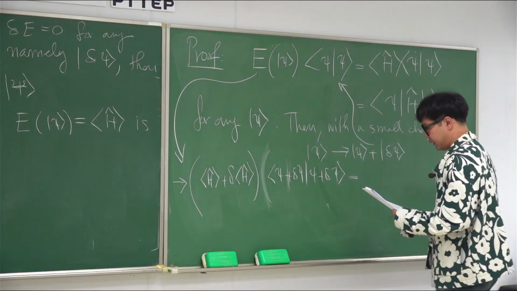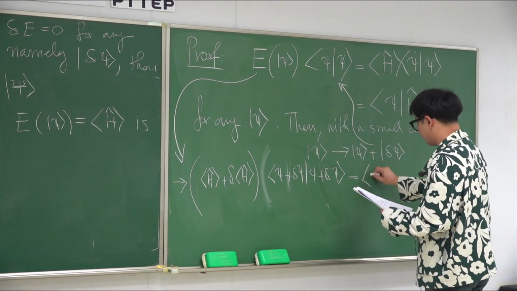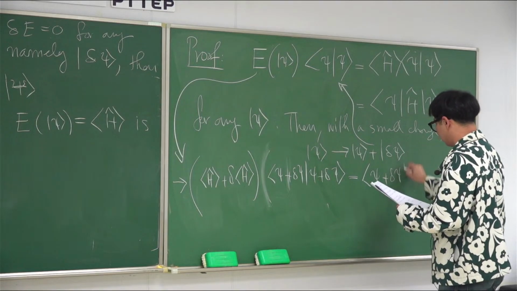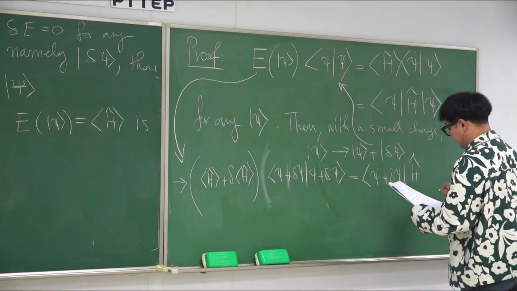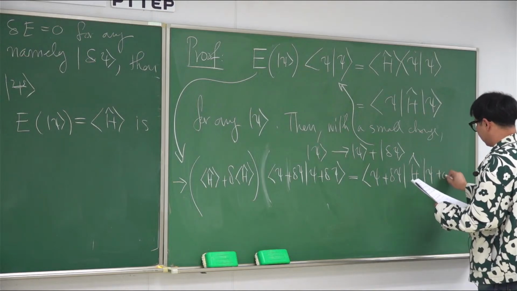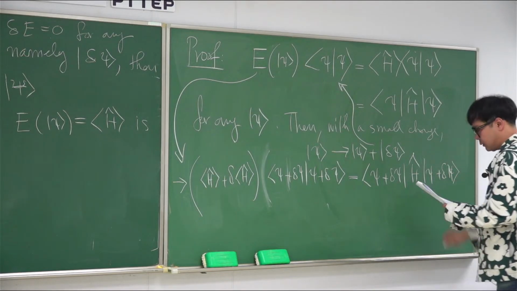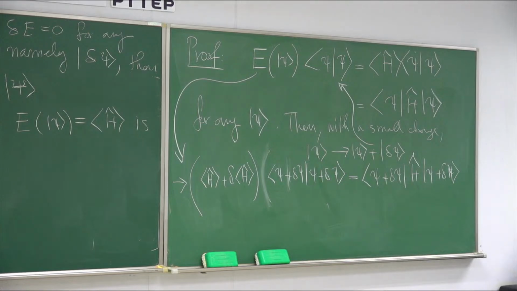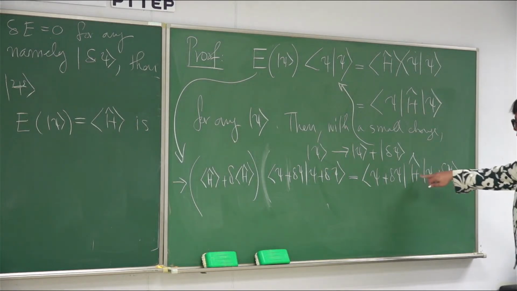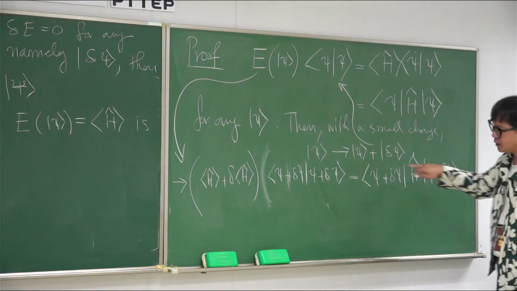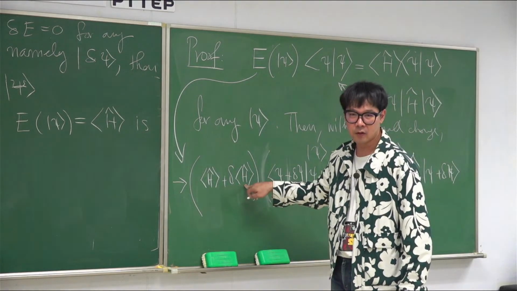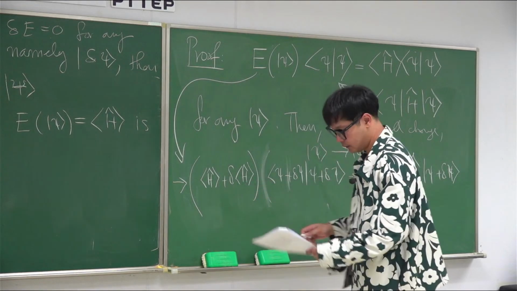So the effect of changing the state in this way, after you apply this Hamiltonian on this state, this will be your new eigenvalue. That is the thing. All right.